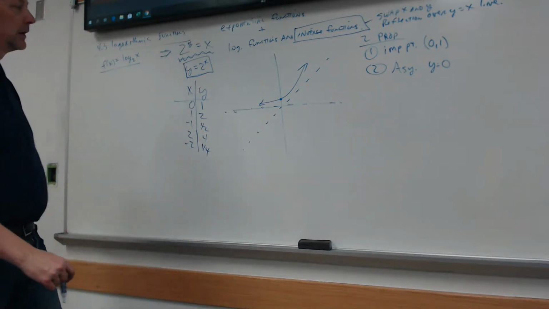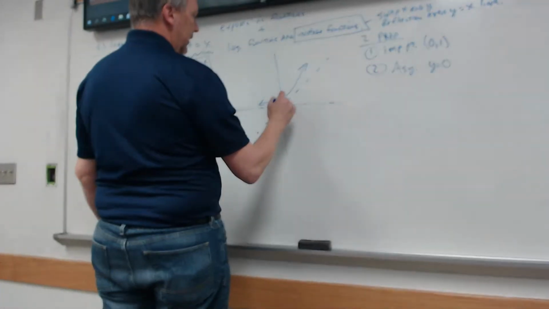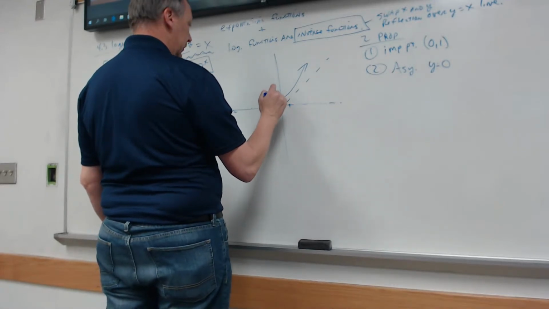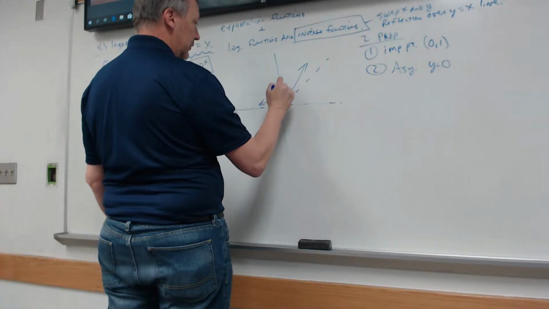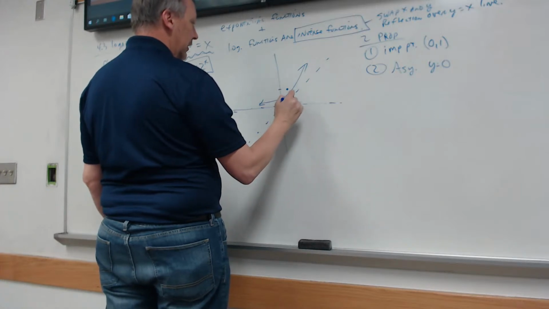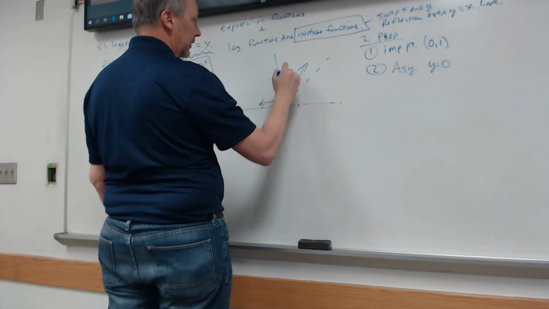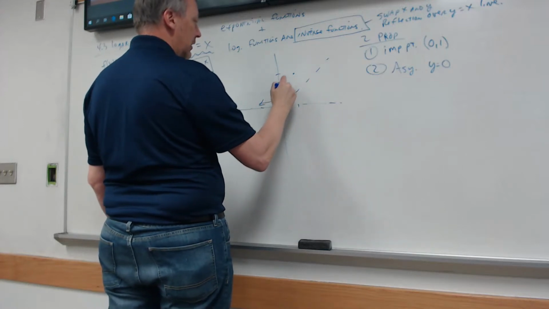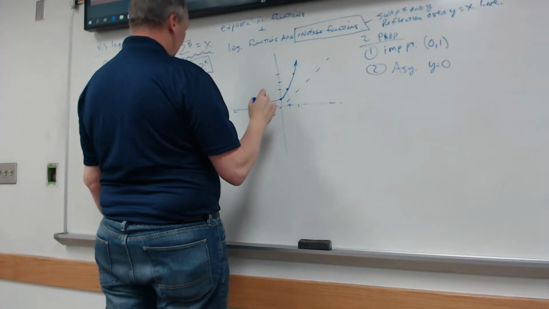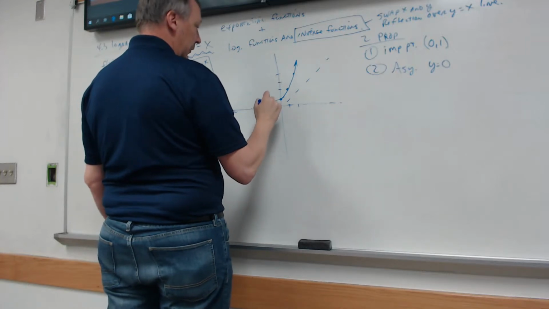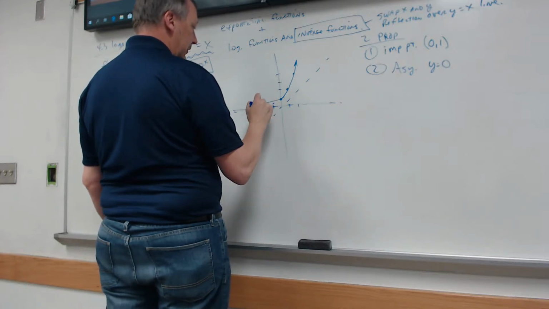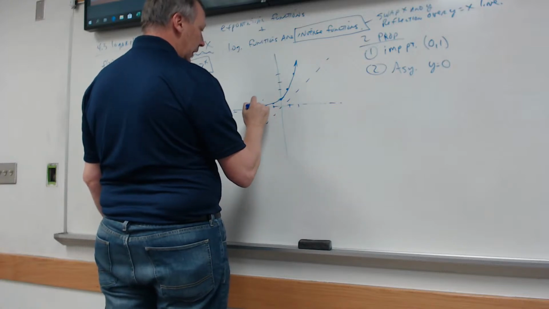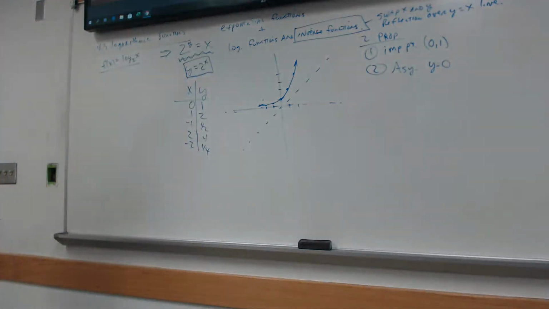Okay? And we'll make sure these are plotted okay. In fact, I might have to change my scale a bit. So 0, 1, 1, 2, probably should go up there. 2, 3, 4. And we'll make this a little steeper. Negative 1, 1 half, and negative 2, 1 fourth. All right, so that's how it should look.